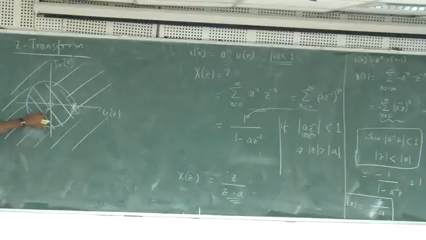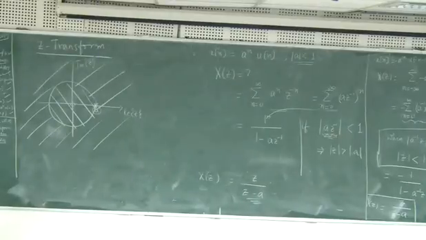It still has a zero and a pole. In the first case, the ROC lay outside the pole; in the second case, the ROC lies inside the pole. That's a general result for left-sided and right-sided sequences.